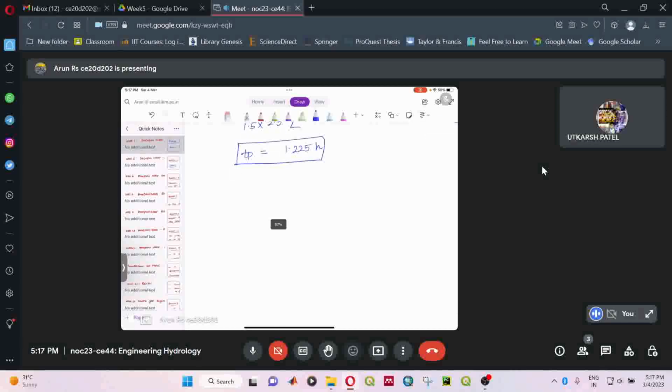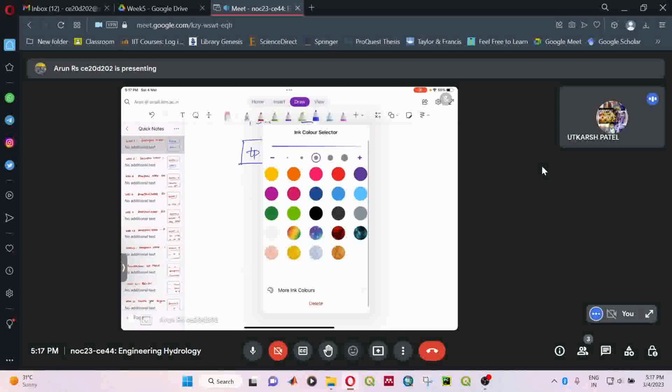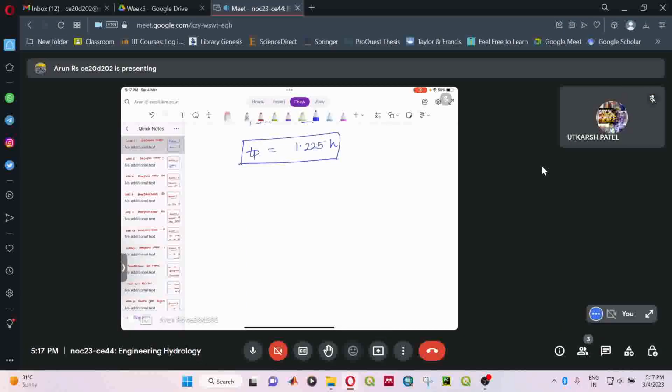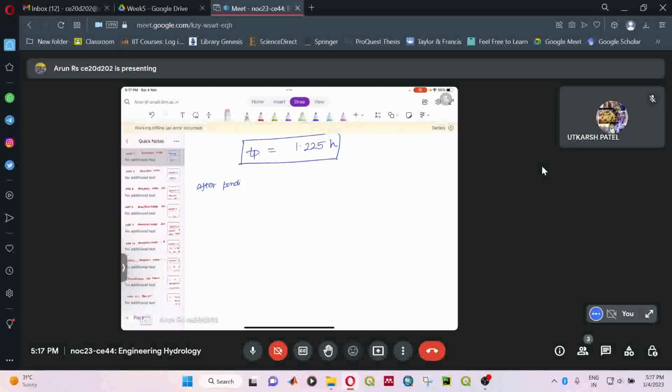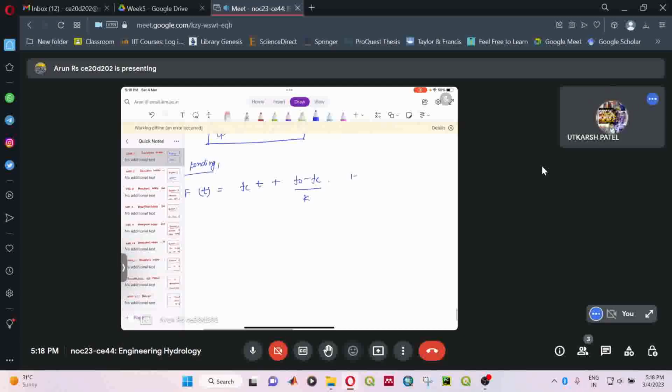Now, what happens after ponding? That we need to know. How will we estimate the capital F? After ponding, we can estimate capital F as something like this: Fc into T plus (F naught minus Fc) divided by K into 1 minus e to the power of minus K into (T minus Tp).